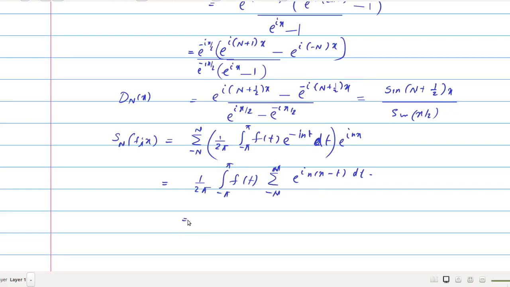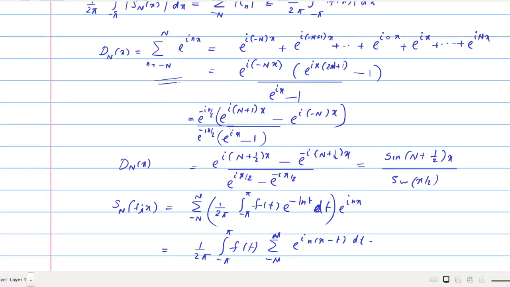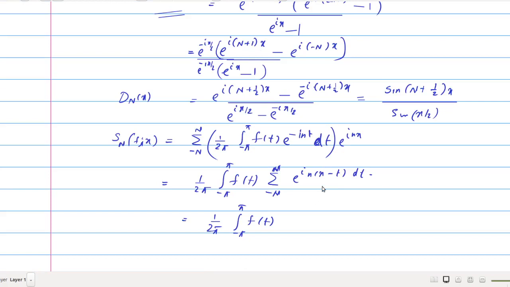From our definition, this is Dn, so it can be written as Dn of x minus t dt.